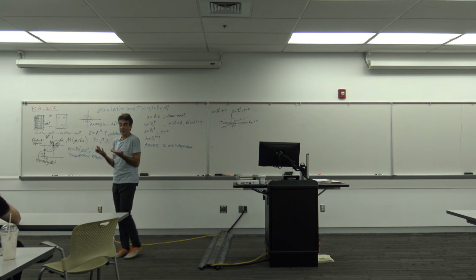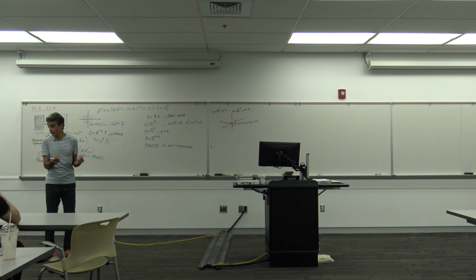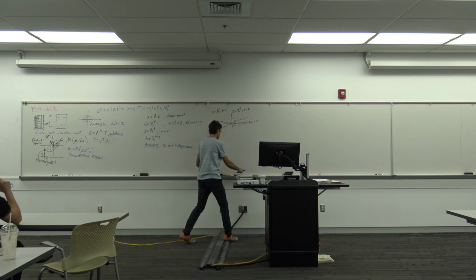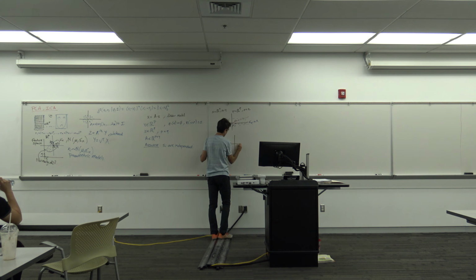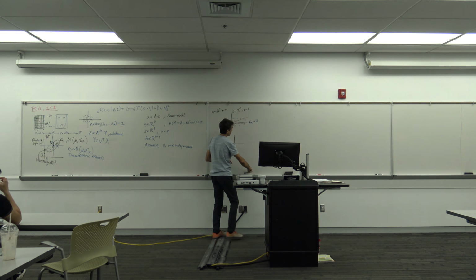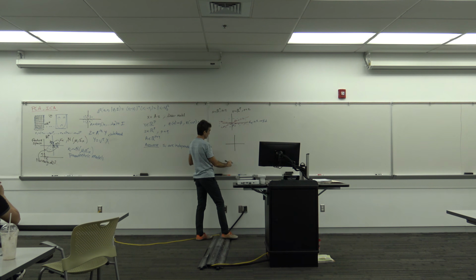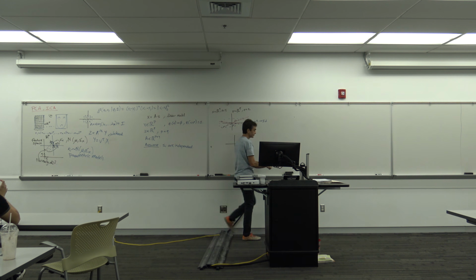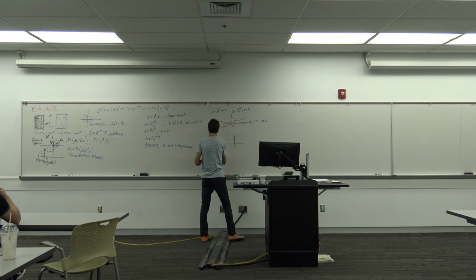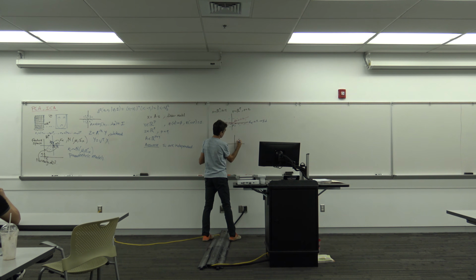So all I have left is that I can whiten the data. And what happens if I whiten this? I have this space, and now I whiten. I want to make the covariance the identity matrix. So what's going to happen is that I'm going to end up with these points here.